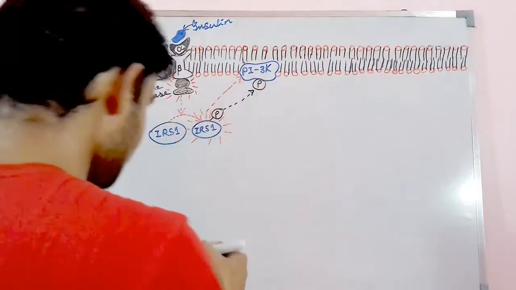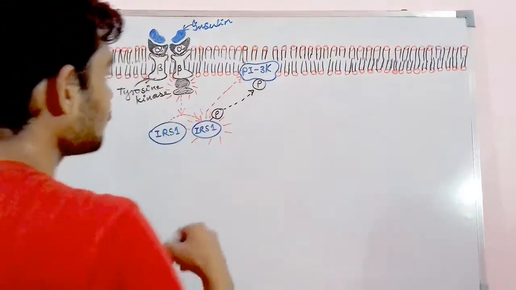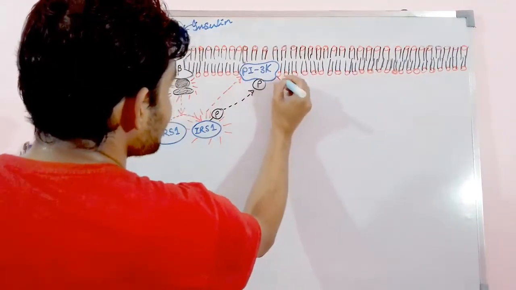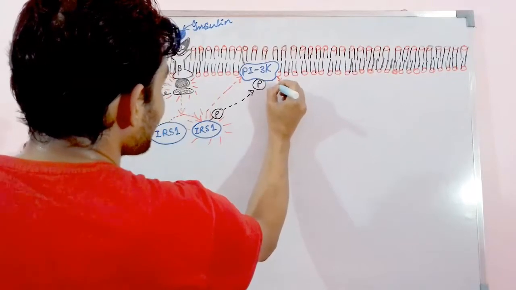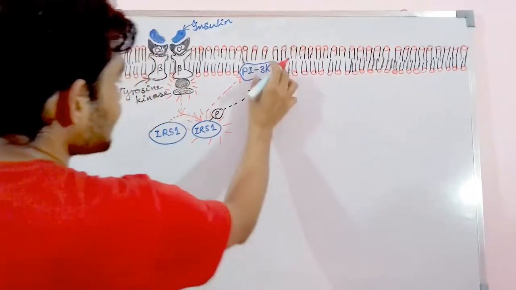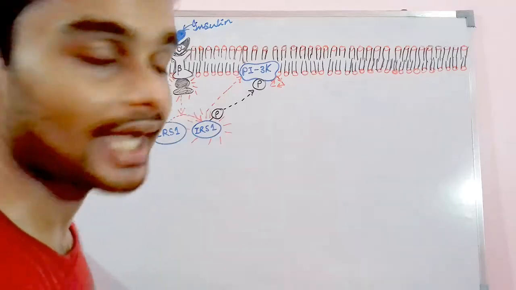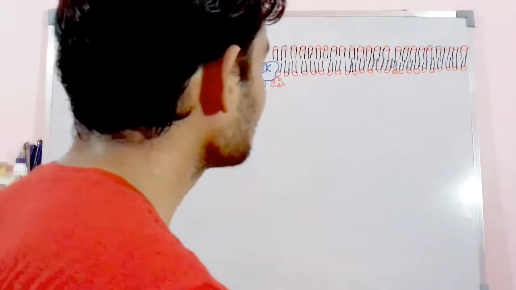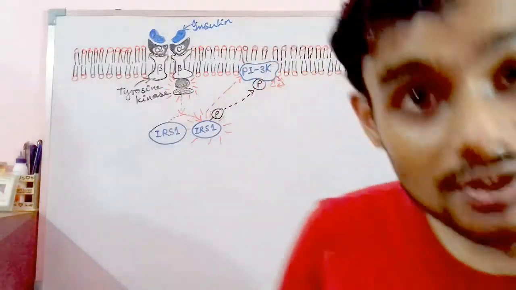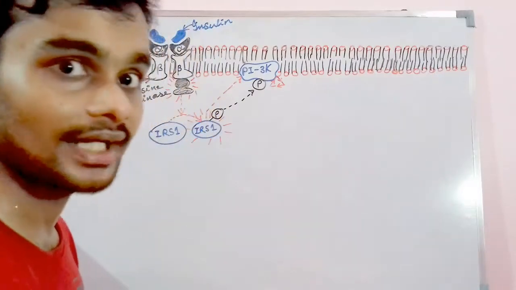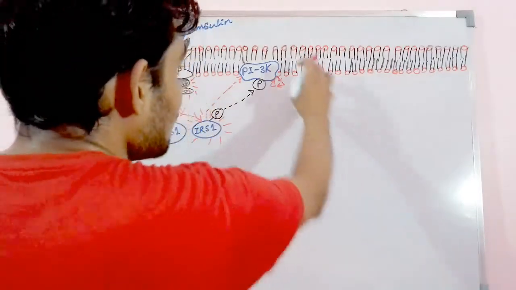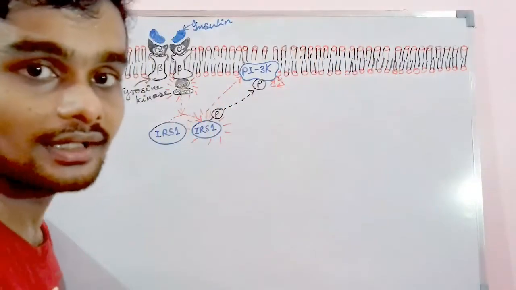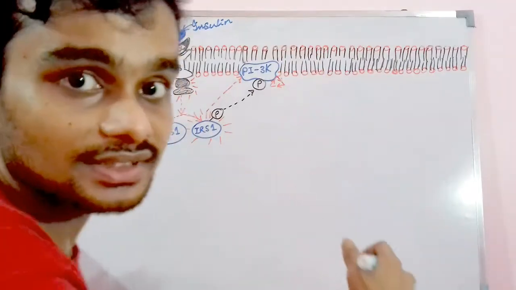So this phosphatidylinositol 3 kinase is getting activated. This activated enzyme helps in phosphorylating a particular substrate molecule, a phospholipid present within the lower area of the plasma membrane, which is facing towards the cytoplasm.